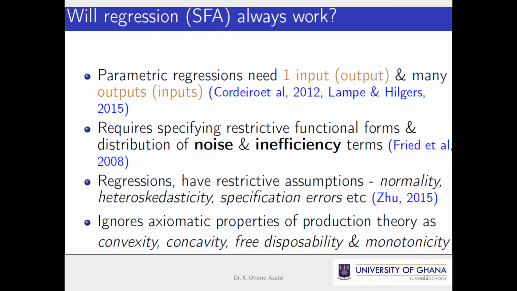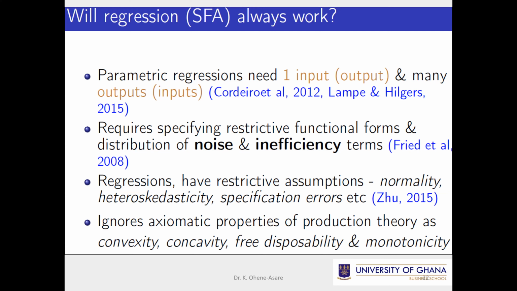Not just the noise, you also have to specify the distribution of the inefficiency term. And as you go through the regression, you have to check whether assumptions have been met. Remember the assumptions of the classical linear regression model. Oh, dear me. Linearity, normality, heteroscedasticity or homoscedasticity, autocorrelation, different levels of autocorrelation if it is panel data, specification errors. All of these things are a bit complex and restrictive.